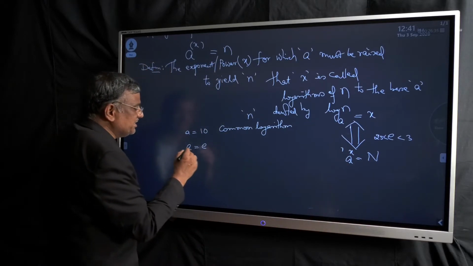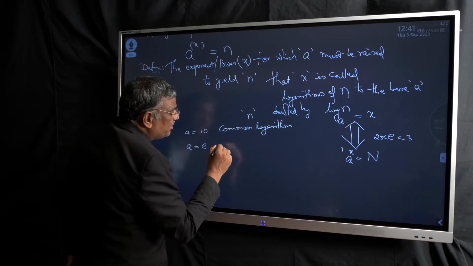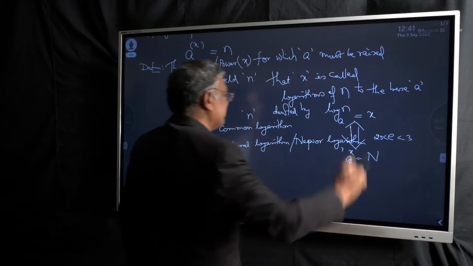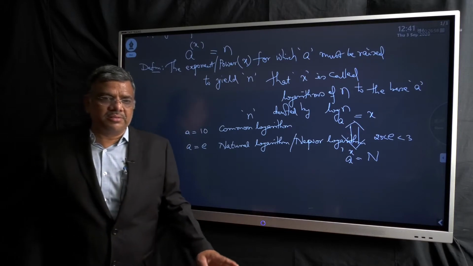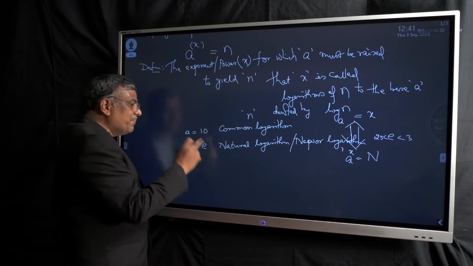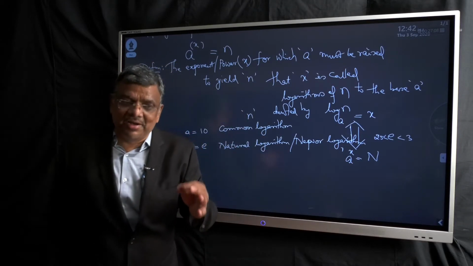If the base is e, then that logarithm is called the natural logarithm, or also the Napier logarithm. Either natural logarithm or Napier logarithm when the base is e, and when the base is 10, it is called the common logarithm.